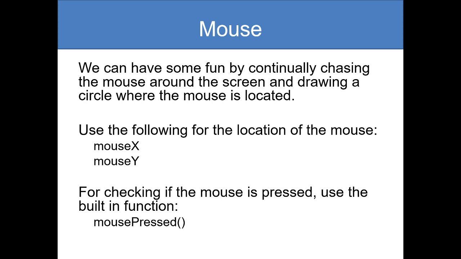The other thing that we're going to work on is we're going to work with the mouse. There's a couple of things that exist already for the mouse. And the big one, especially when you're talking about trying to track where the mouse is, we can find the location using mouse X and mouse Y. We can also detect if a button has been pressed, specifically the left button.